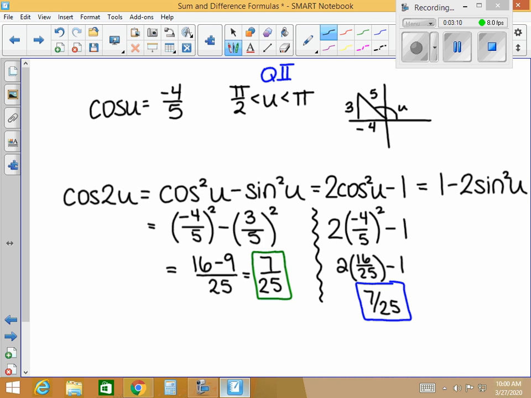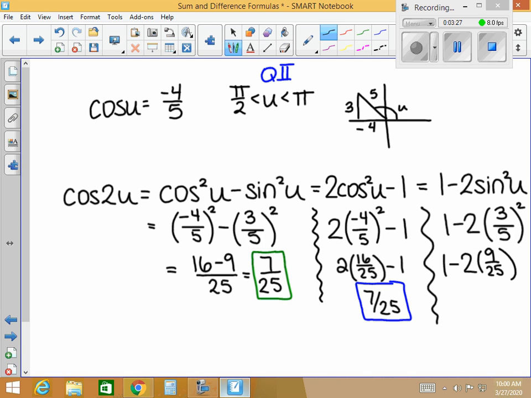I could also take 1 minus 2 times sine squared u, and so from our triangle we said the sine of u is 3/5, and if we square that we get 9 over 25, and if we take 25 over 25 minus 18 over 25, we get 7 over 25.